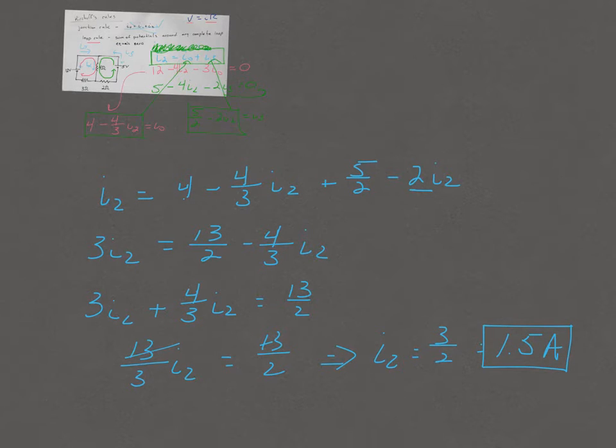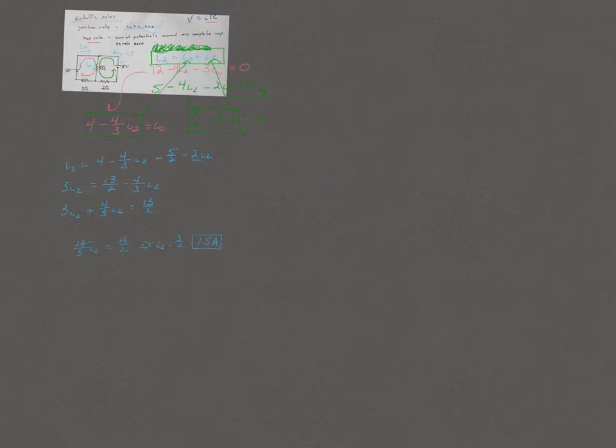All right, good. Now we've solved for the first one. We have 2 more to go. Now that we solved for I2, we can go back and look at one of our other equations and solve for either I0 or I3. It doesn't matter. So we're just putting our 1.5 amps into there and solving for I3. I'm going to have 5 halves minus 2 times 1.5 amps equal to I3.